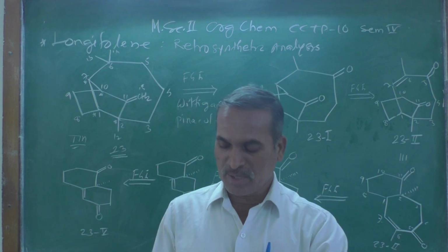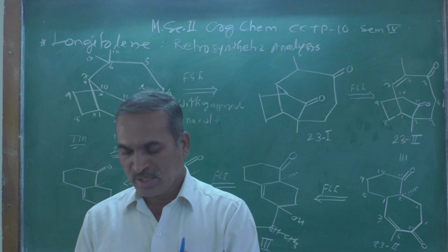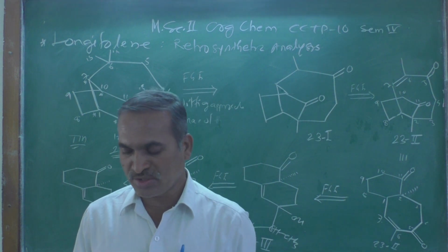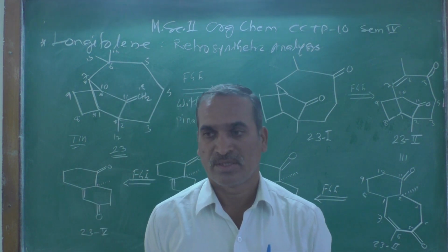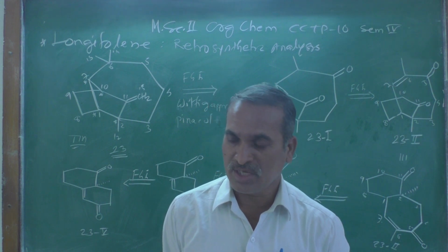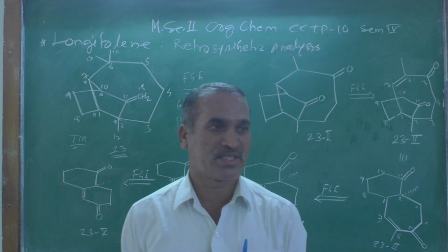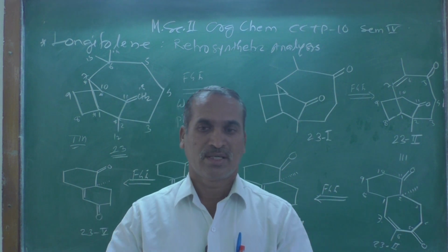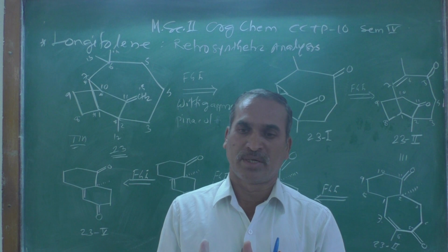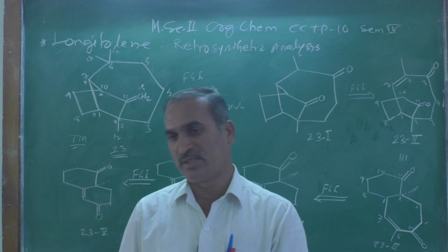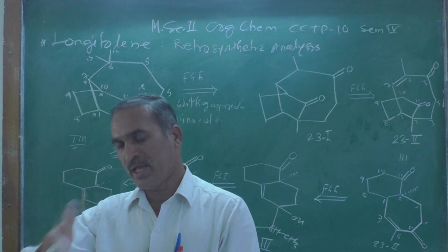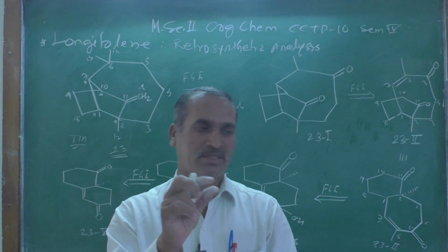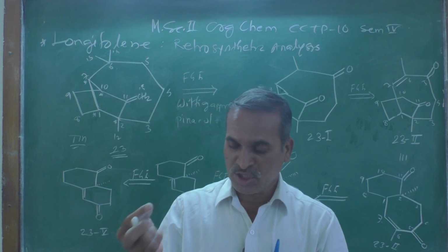The stereochemistry requires that the ring junction be cis, just like decalin which is cis in nature, meaning all the ring carbons are lying in the same plane, and that is known as cis.